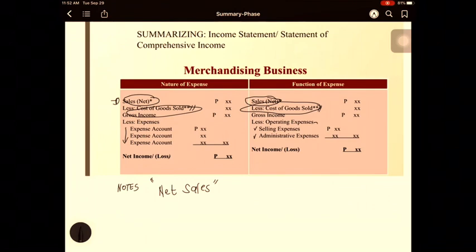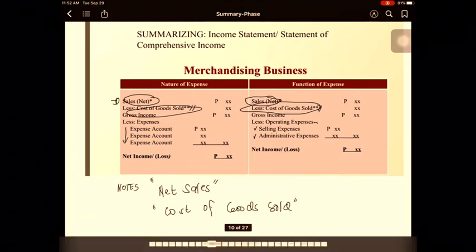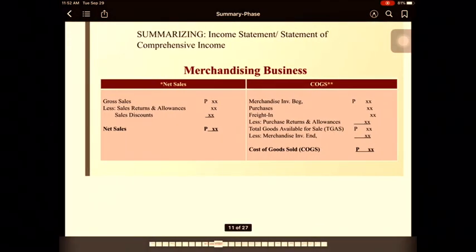Your cost of goods sold, at the same time, must be derived in a separate computation and must be reflected as a note to your income statement. So let us review how to compute for your net sales and your cost of goods sold.